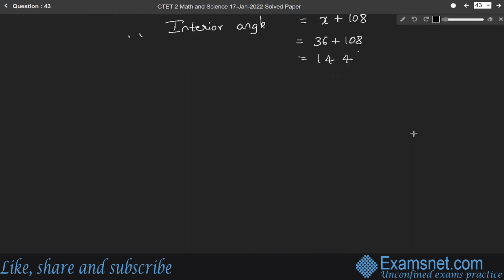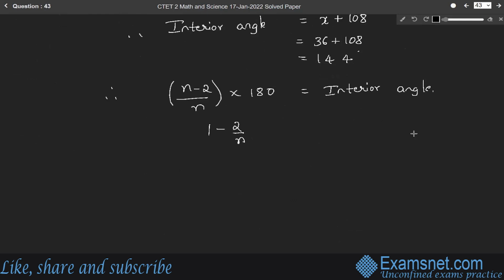Therefore, (n minus 2) by n into 180 is equal to the interior angle. So (n minus 2) by n is equal to 1 minus 2 by n.